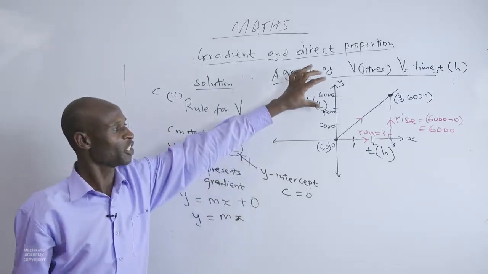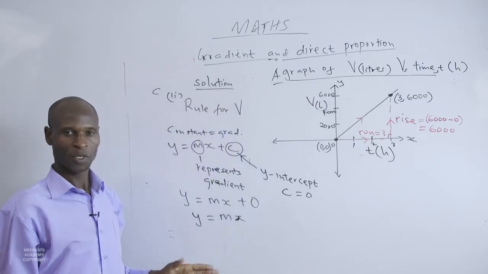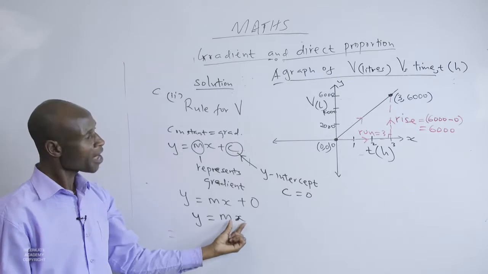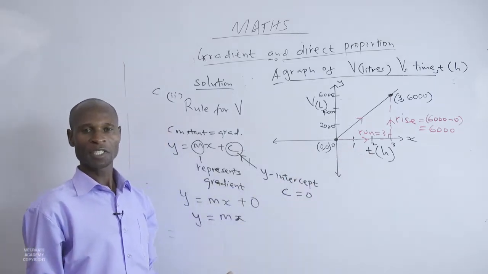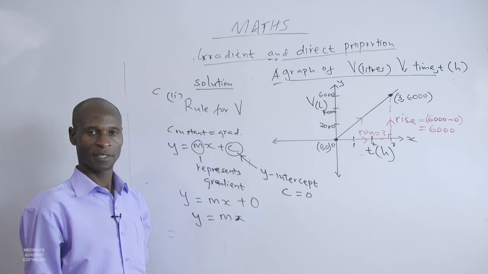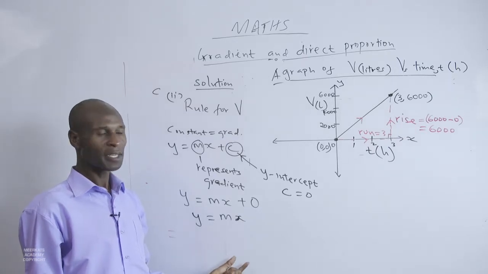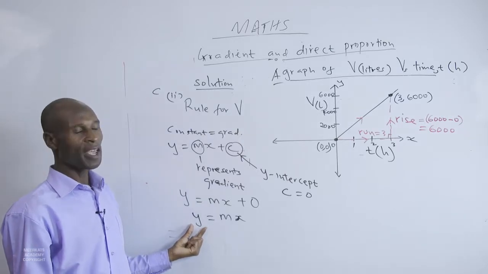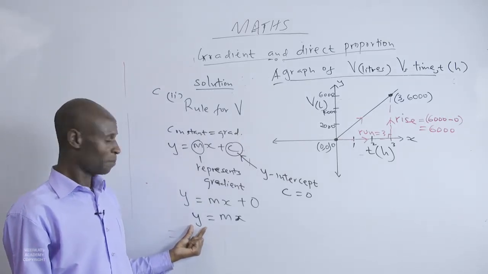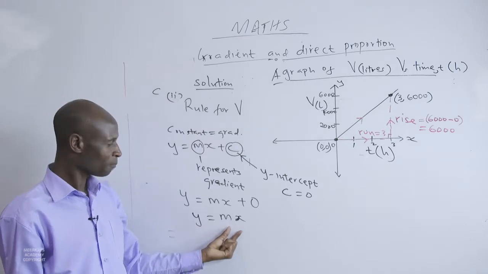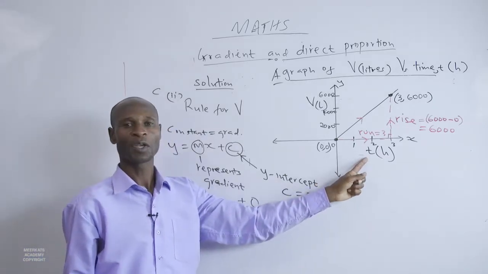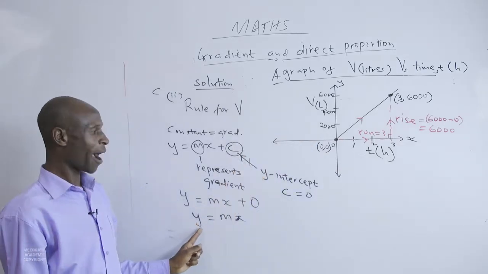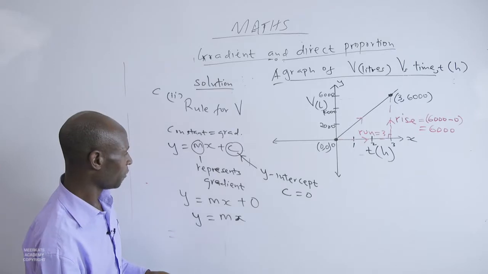Y is the quantity plotted along the y-axis, which is normally the dependent variable. X represents the quantity plotted along the x-axis, which represents the independent variable. So in our case, the independent variable x is t, while the dependent variable is v. So where there is y, we substitute with v.